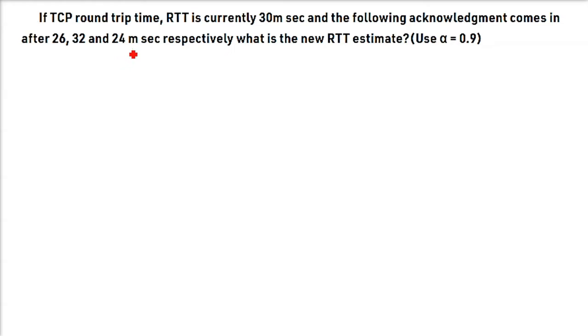This is a question: if the TCP round trip time, RTT, is currently 30 milliseconds and the following acknowledgement comes in after 26 milliseconds, we'll take the first one. What is the new RTT estimate? There is a value alpha, and this alpha is 0.9 here.